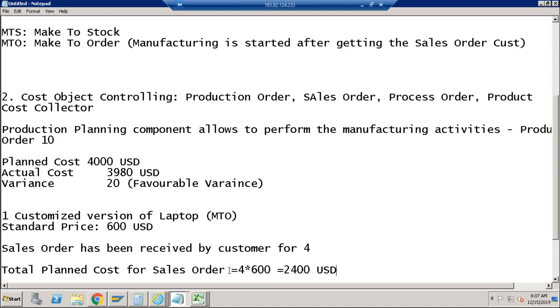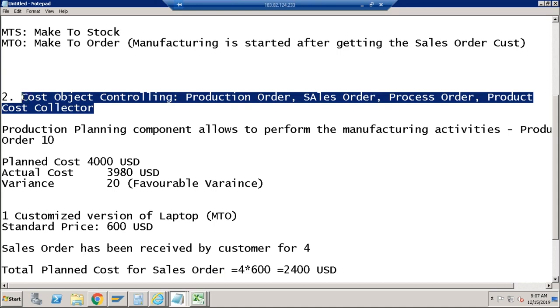In this case, you can see the sales order is a cost object. In the first example, the cost object was a production order. In the MTO scenario, your cost object is a sales order, and in some other scenarios you will use process orders and product cost collectors as cost objects.